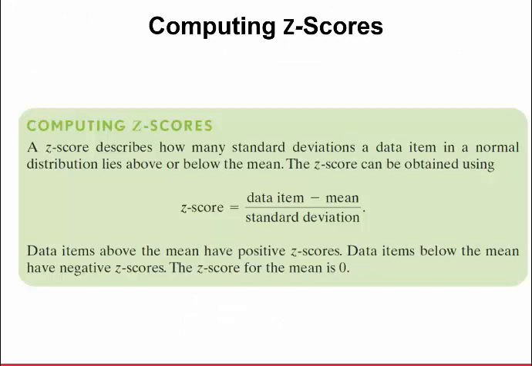All right, let's talk about Z-scores now. A Z-score describes how many standard deviations a data item in a normal distribution lies above or below the mean. The Z-score can be obtained by using this formula: Z-score is equal to the data item minus the mean divided by the standard deviation.